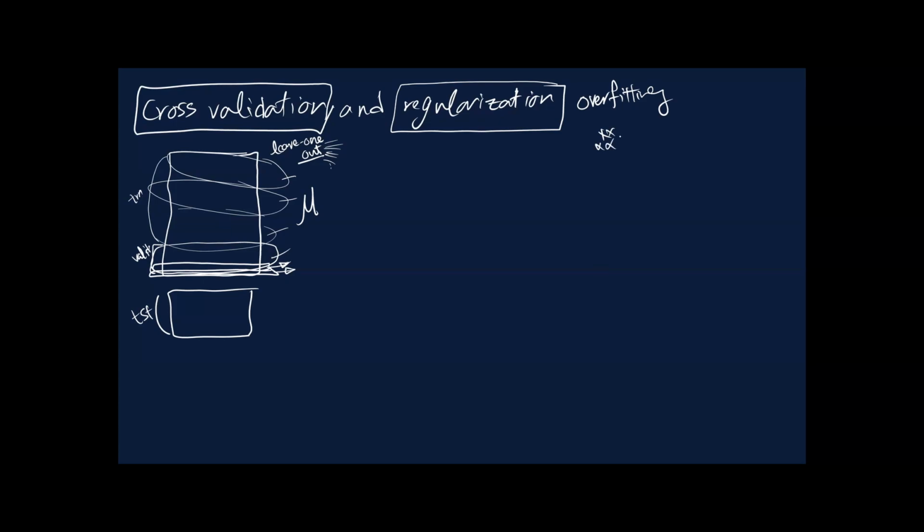So if we have training data looking like that, we might have a classifier that is very strictly tailored to this kind of data, and it's very complex like that. And we might have a classifier that is something in the middle. So given the same data, we might have a classifier that looks like that.